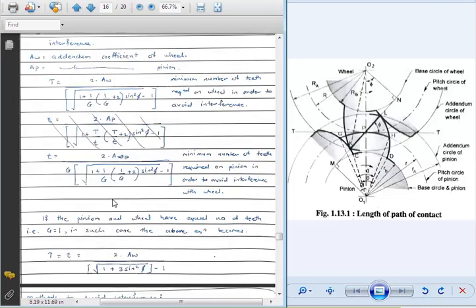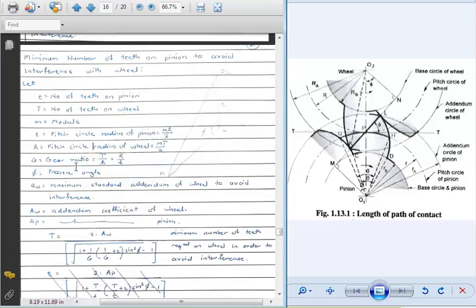Now in case the pinion and wheel have an equal number of teeth, then G will be 1, because you are aware G is capital T upon small t.